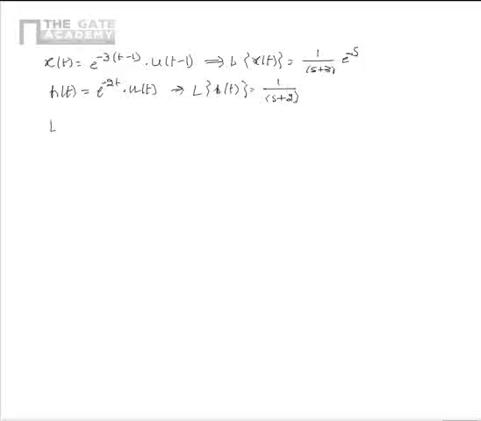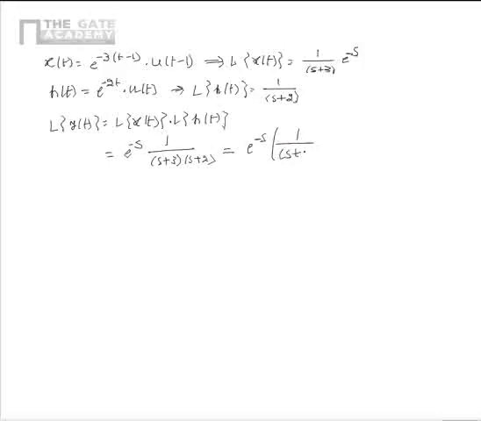From this, we can write that Laplace transform of y of t is equal to Laplace transform of x of t multiplied by Laplace transform of h of t, which upon simplification becomes e power minus s multiplied by 1 by s plus 3 into s plus 2, which can further be simplified as e power minus s multiplied as a whole multiplied by 1 by s plus 2 minus 1 by s plus 3.